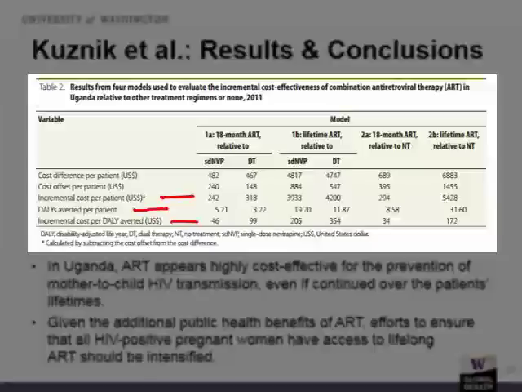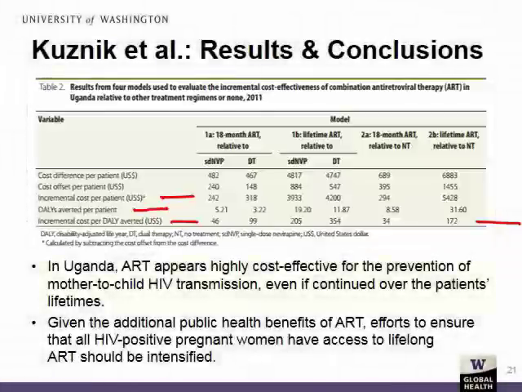And as you see across this last column, the cost per DALY averted wasn't very high. So the conclusion was that in Uganda, ART appears to be highly cost effective for prevention of mother-to-child transmission of HIV. And it's because the cost per DALY averted is less than 1 times GDP, because the GDP of Uganda is, in real terms, at least $500.